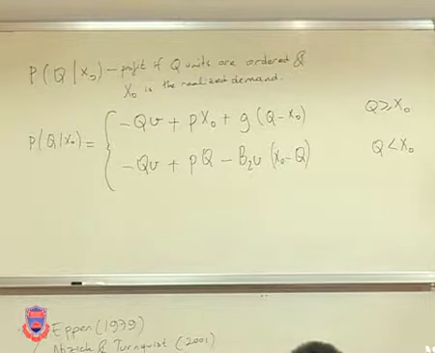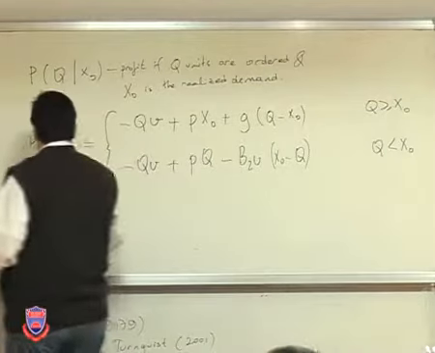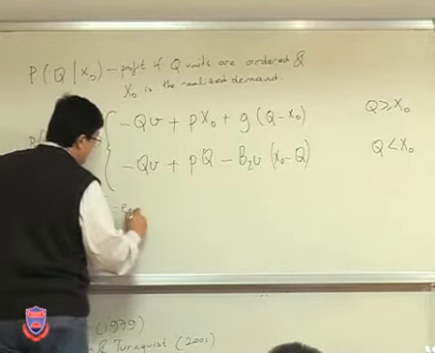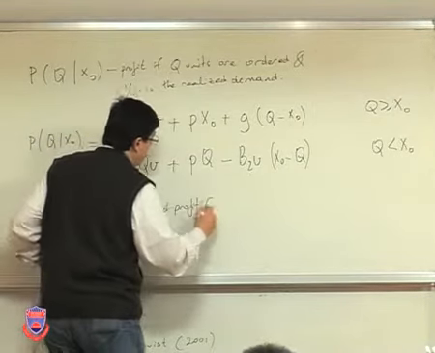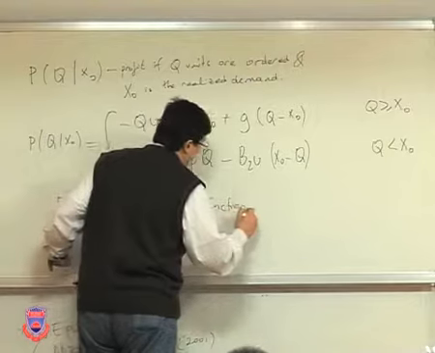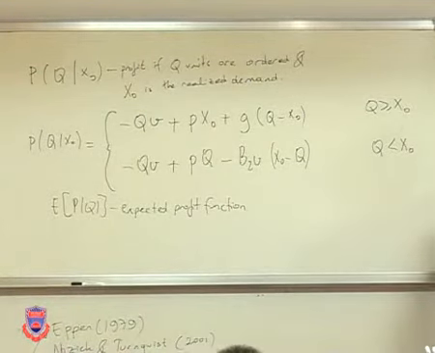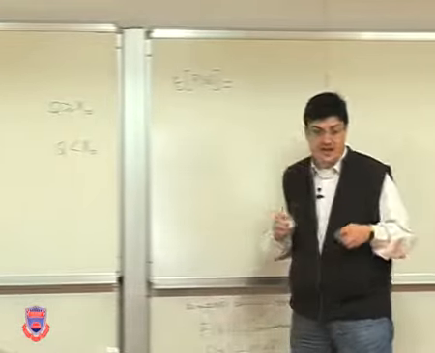Well, now let me define E of P of Q as the expected profit function. So now I can write the expected profit function. And the expected profit function in general is what?